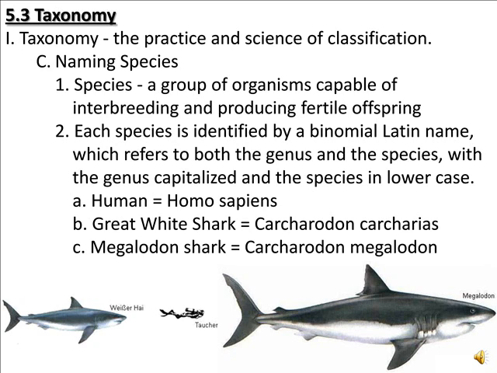You may notice that those two sharks have the same genus, and in fact they are very closely related, but because one is significantly different, it would be considered a different species, so they have a different species name. So the great white shark is Carcharodon carcharias, and the megalodon Carcharodon megalodon.